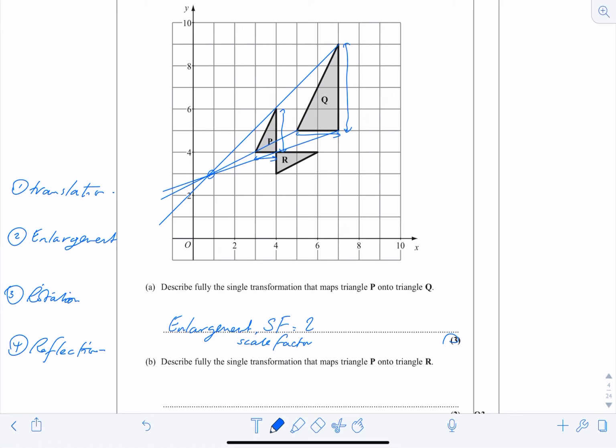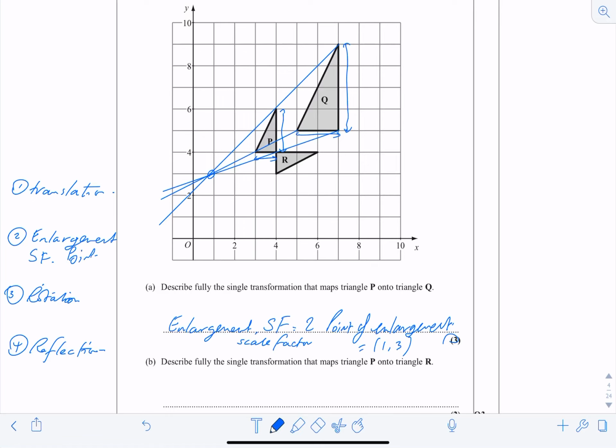It's about there. And so the point of enlargement is, and I'm just going to read that, about 1, 3. Okay, so remember, those are the 3 things for enlargement. You need the scale factor and the point.